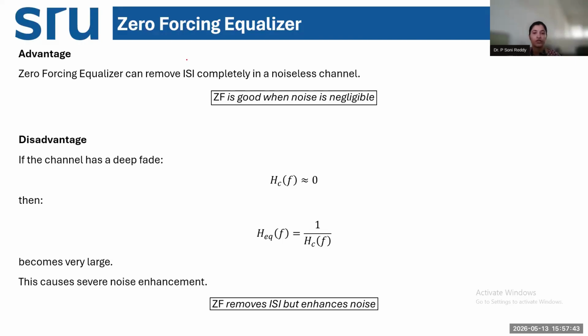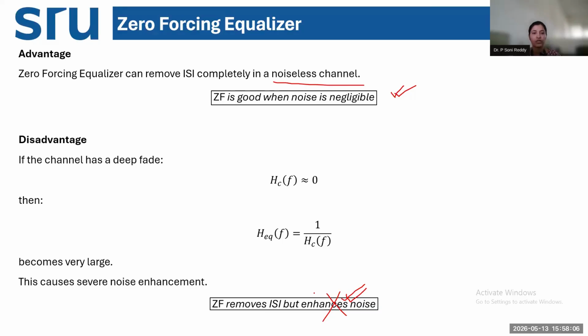But if the channel has noise, then what is happening? It is enhancing the noise factor compared to your desired signal. This makes it more challenging at the receiver side to extract the desired signal by removing the enhanced noise, which is the after effect of the removal of ISI.